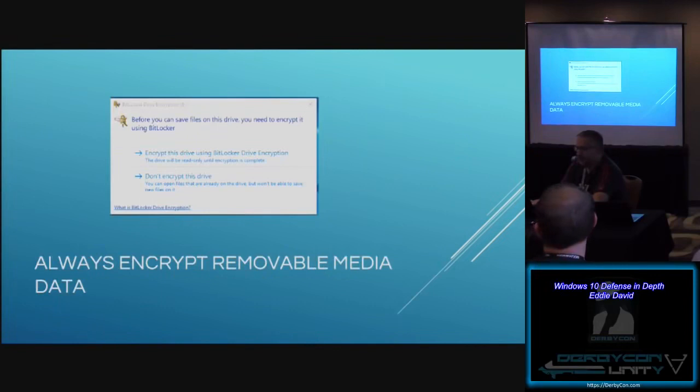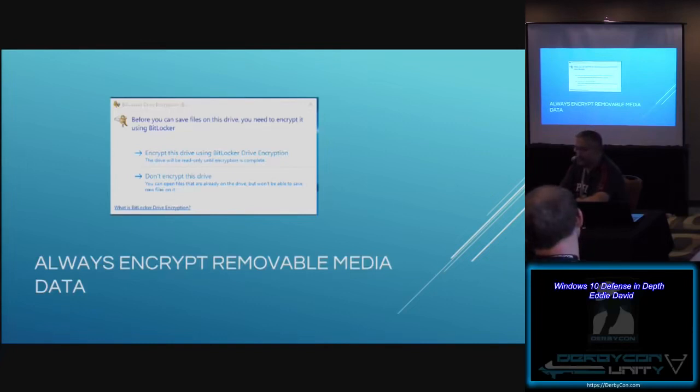I want users that plug in USB sticks, if they do have access to do so, to have two options. Either if they don't want to encrypt the drive, it's going to be read-only, or the other option is to encrypt it, and it's going to do full end-to-end encryption. Those should be the only two options users even have. They shouldn't have anything else.